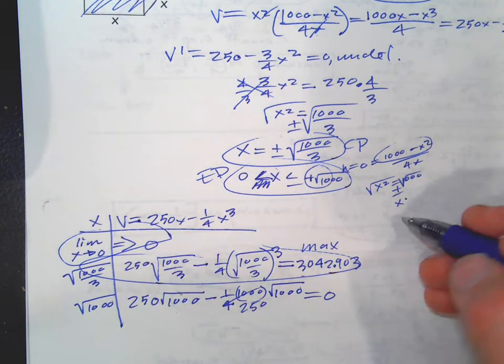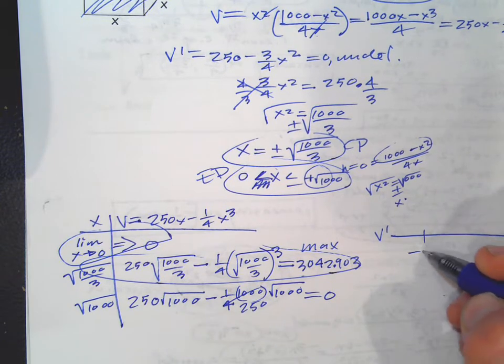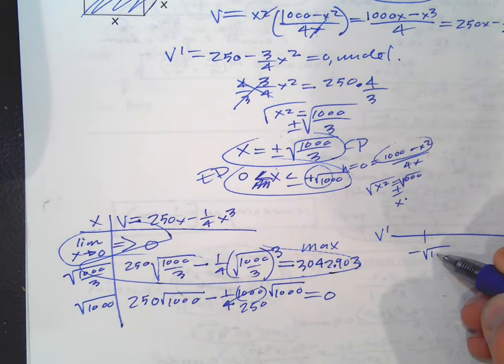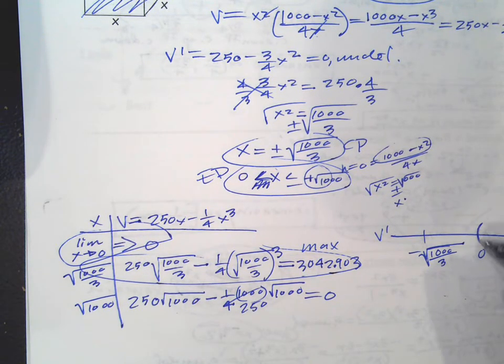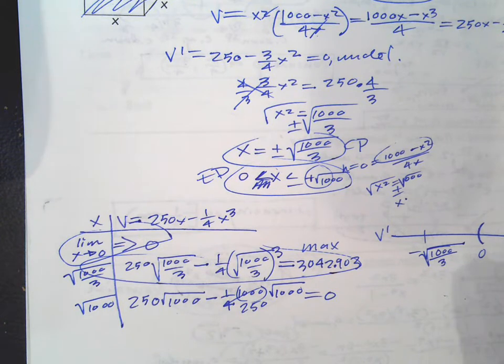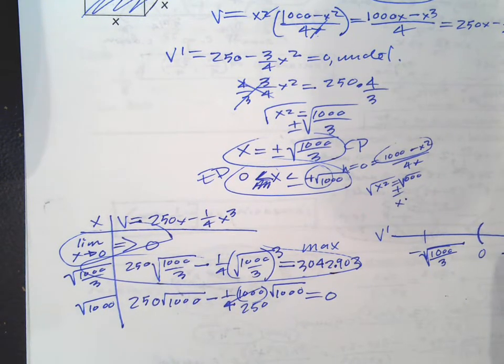So the other option is potentially to use the first derivative test. Now, for the first derivative test, you have negative square root of 1,000 over 3, then 0, which is your endpoint, then positive square root of 1,000 over 3, and then the positive square root of 1,000 as your other endpoint.